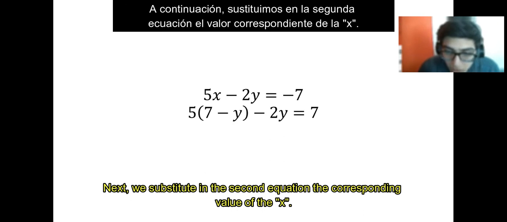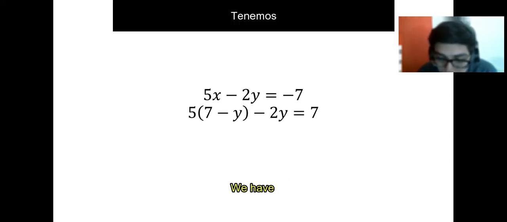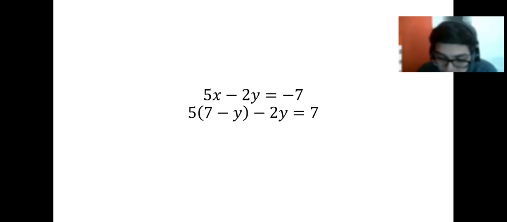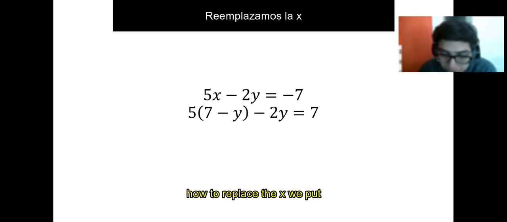Next, we substitute in the second equation the corresponding value of the x. We have 5x less 2y equal less 7. How do we replace the x?